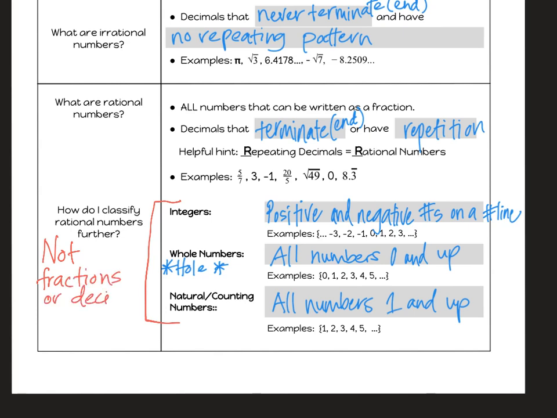The one exception to that would be if you had a fraction and when simplifying it, it would create an integer or a whole number. So for example, -4/2, whenever you simplify that, you're going to get -2. So that itself would be an integer. However, that's because you didn't simplify all of the way.